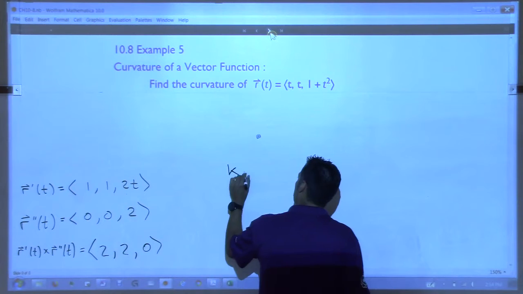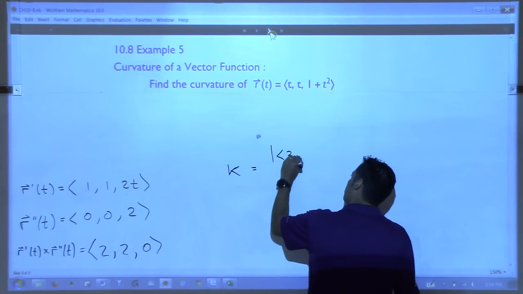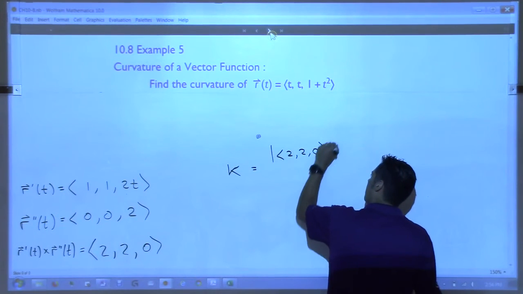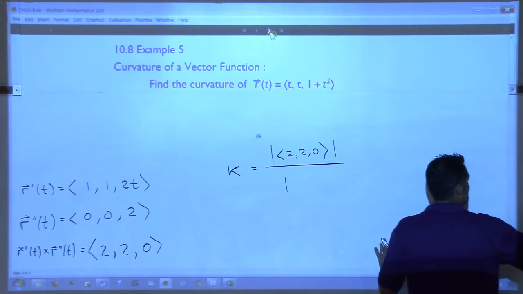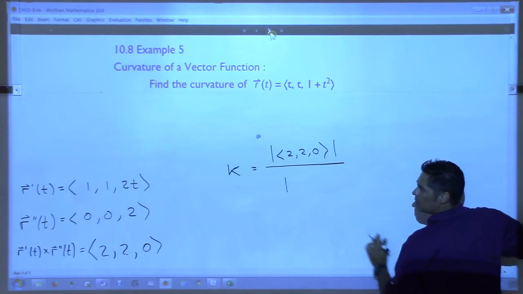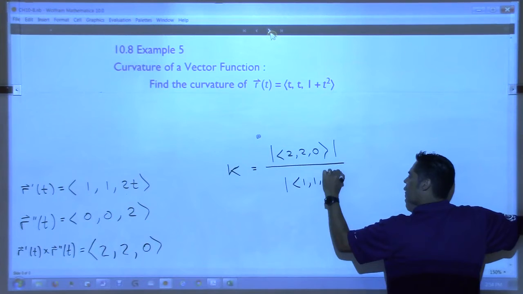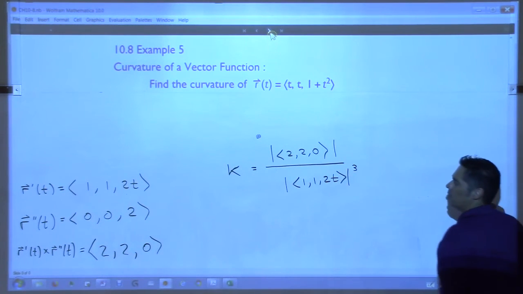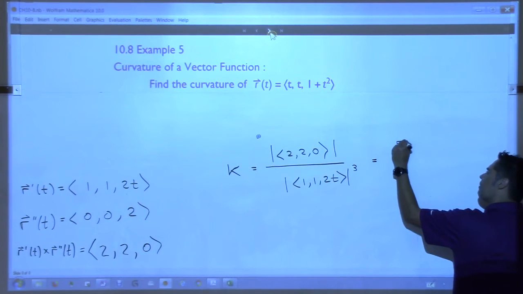The curvature is going to be the magnitude of the vector 2, 2, 0 over the magnitude of, what was the first derivative? 1, 1, 2t, that cubed. Okay, the numerator here is the square root of what?